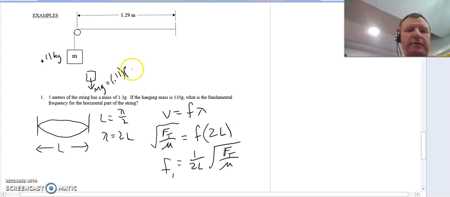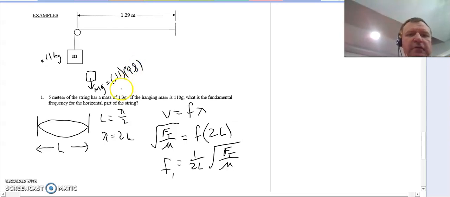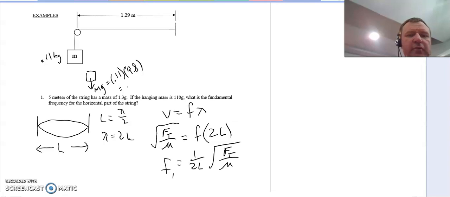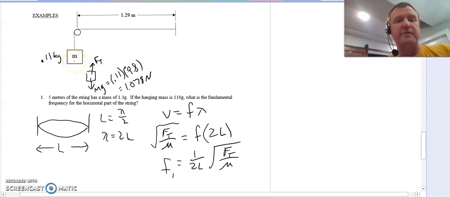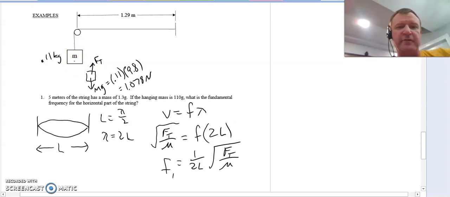So mg equals 1.078, sorry, I didn't put the mass in there. And that's also going to equal the tension, because this is an equilibrium.